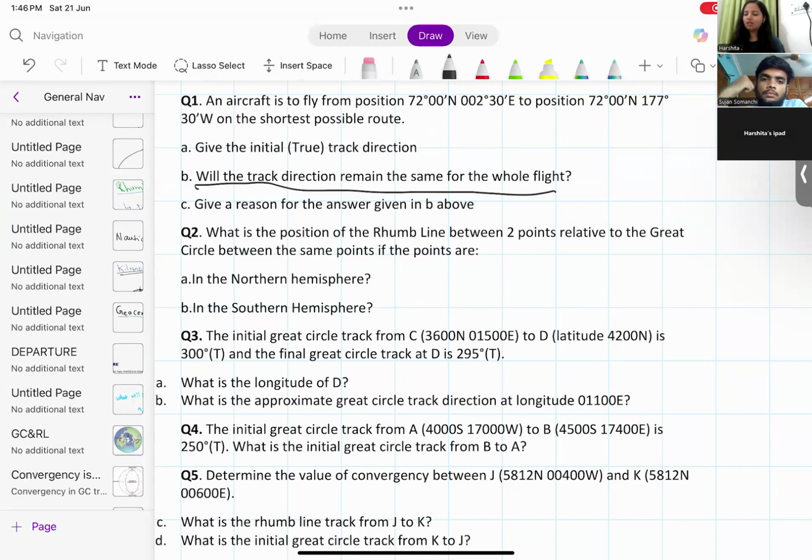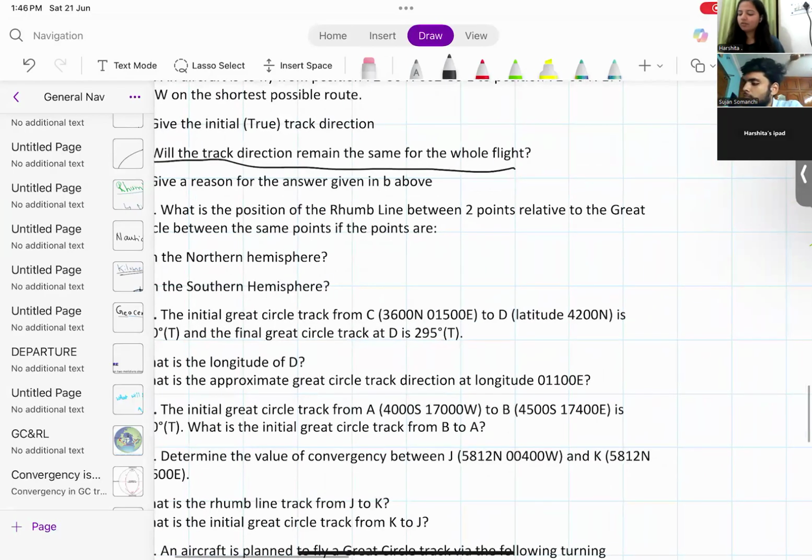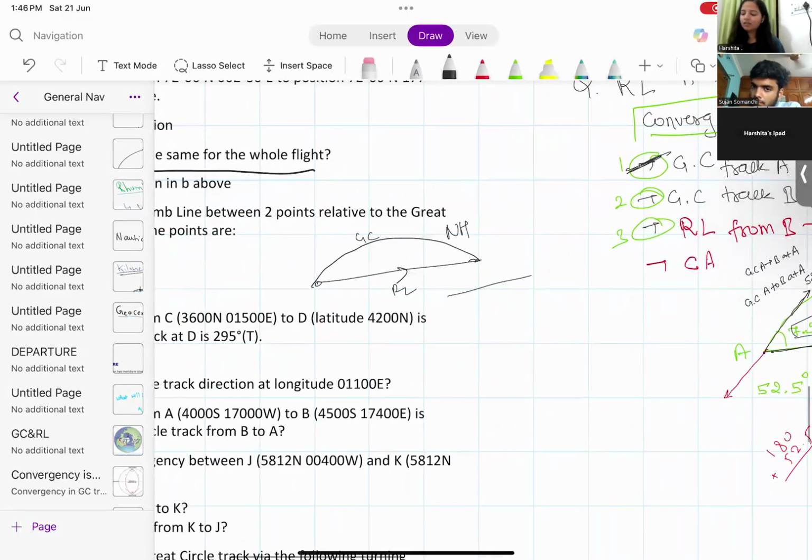What is the question asking? The position of the rhumb line between any two points with respect to the great circle track. If it is in the northern hemisphere, it will look like this. If it is in the southern hemisphere, it would look like this, down, right? So they are just asking about the position.